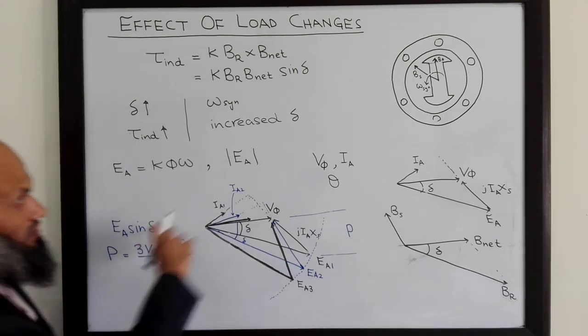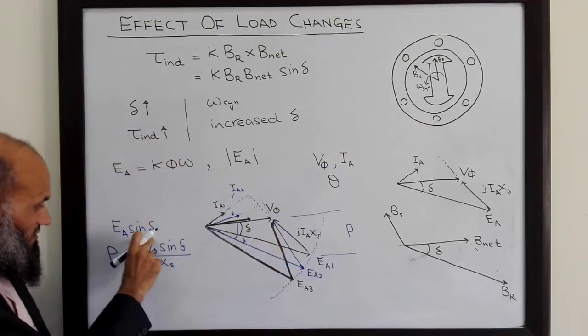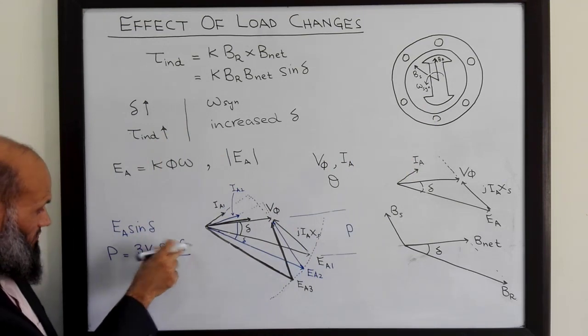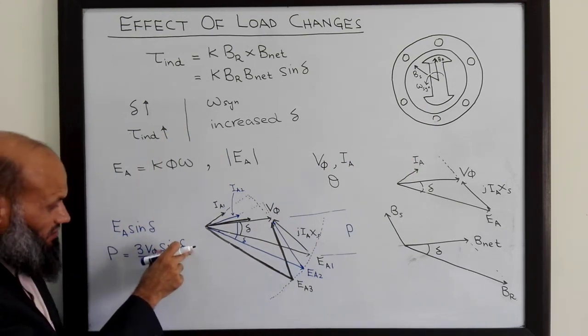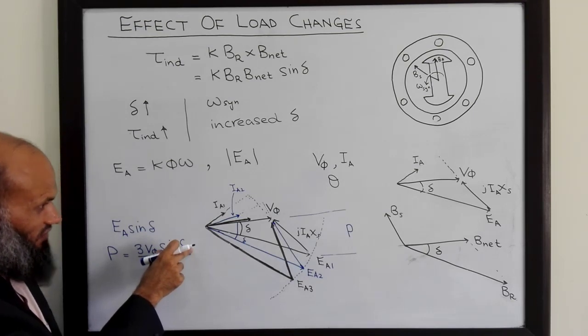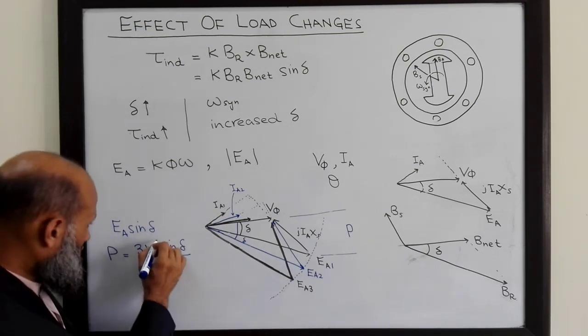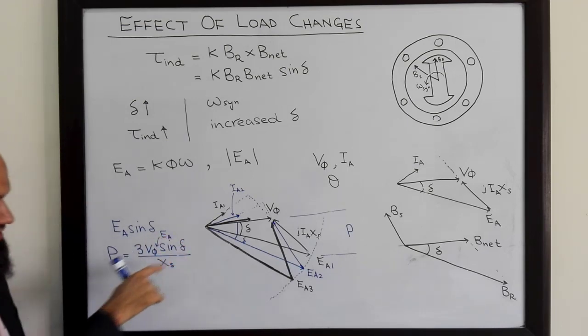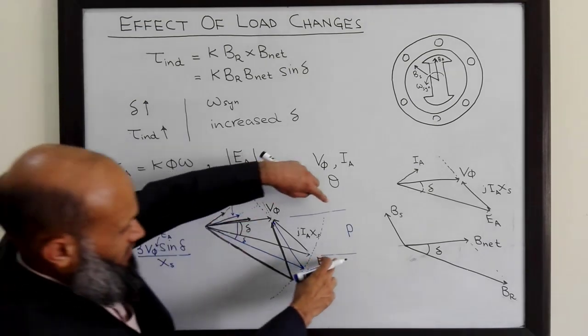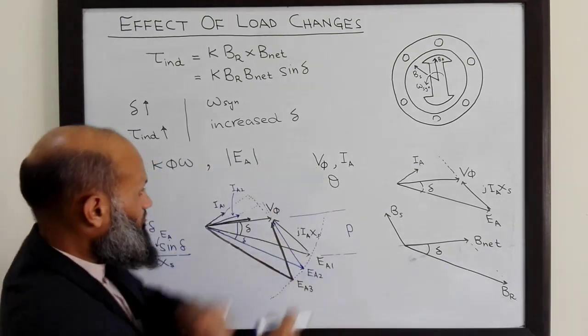If the supplied voltage is constant and XS is constant, the power of this motor is proportional to EA into sine of delta. So this length is proportional to power.